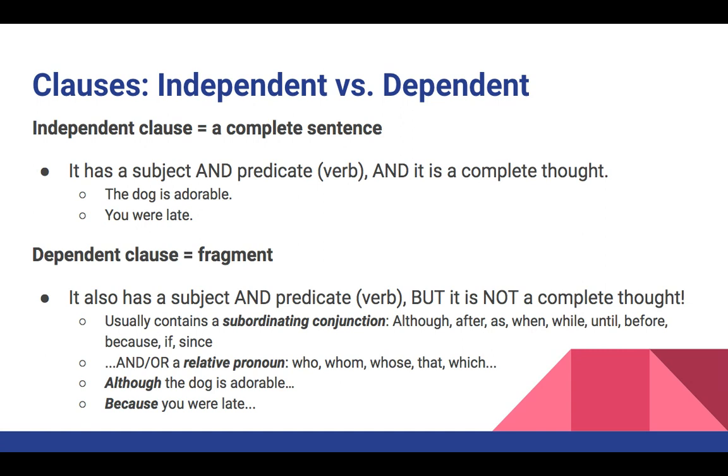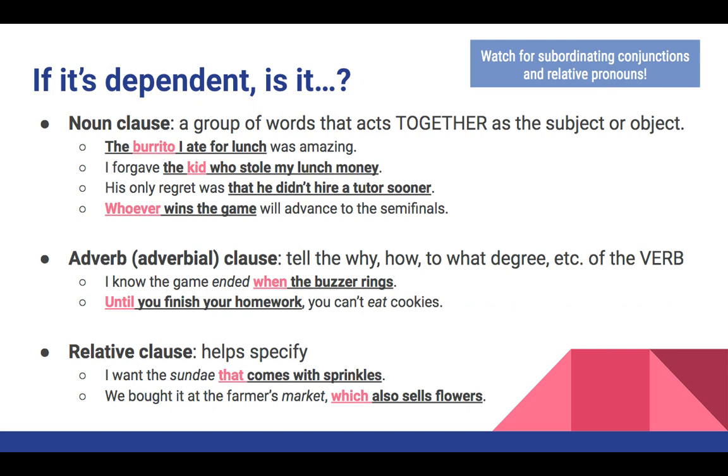They cannot go without something else. They need their mom. They need that independent clause to be complete and to be considered a sentence, or part of a sentence. So the dependent clause is the baby. It needs something else to be complete. And the independent clause is the mom. It doesn't need anything else to be complete. It's all good.